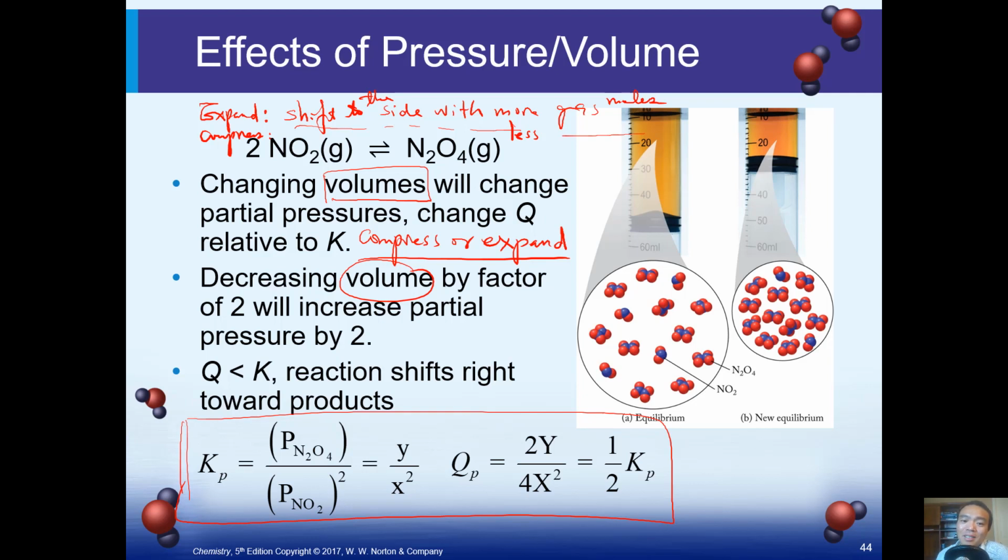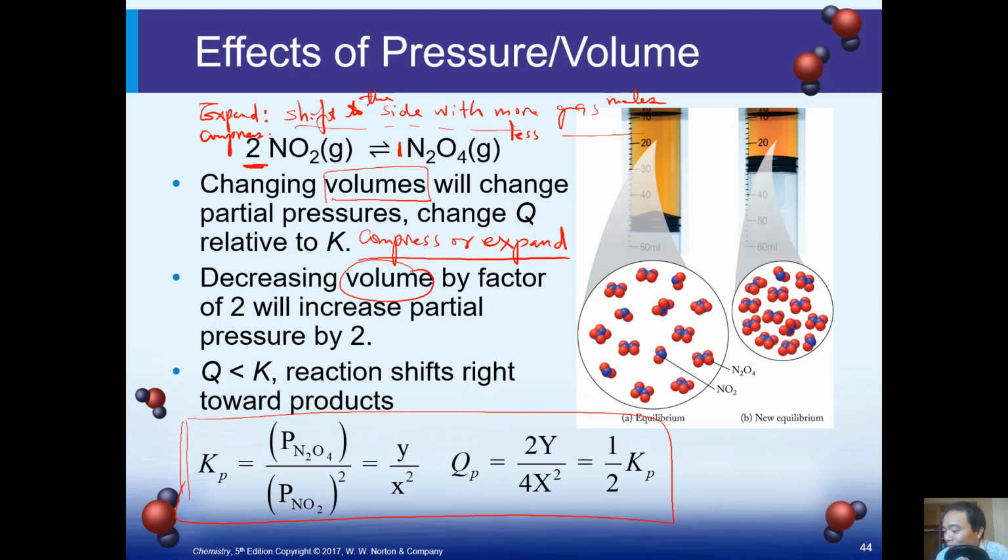That means the whole pressure is going to be increased for the system, so you're going to move to the side that will decrease the total pressure. That means move to the side with less gas moles. In this case, you have 2 moles of gas on the left side and 1 mole of gas on the right side. So if you compress the container, you will shift to the side with less gas moles, which is the right side.